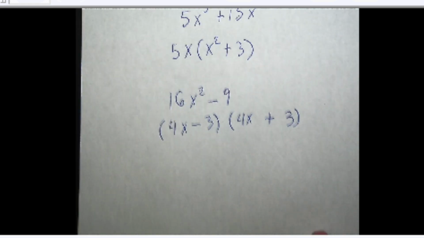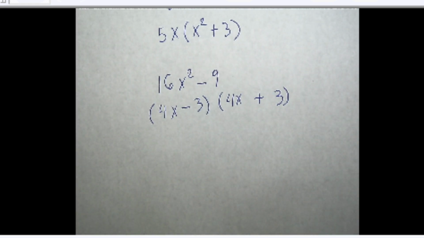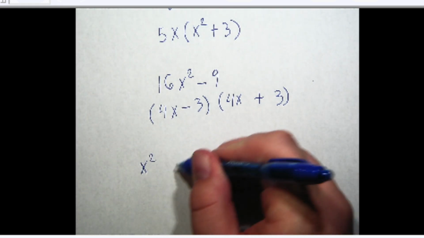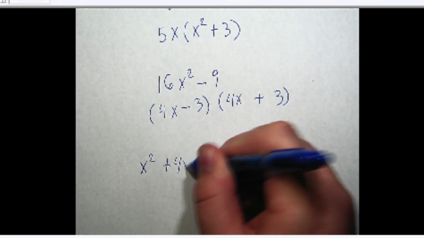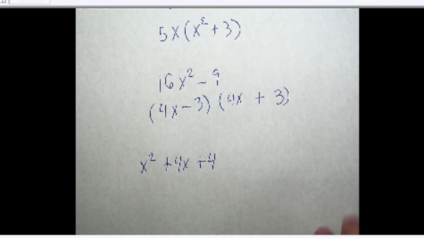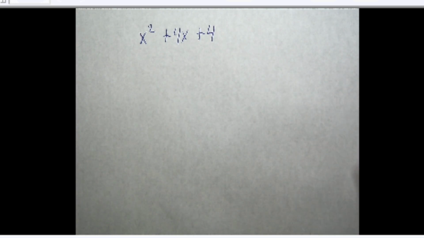So now, what if we have a polynomial like this? X squared plus 4x plus 4. Okay, so this one doesn't have 2 terms in it, it has 3 terms, making it a trinomial.